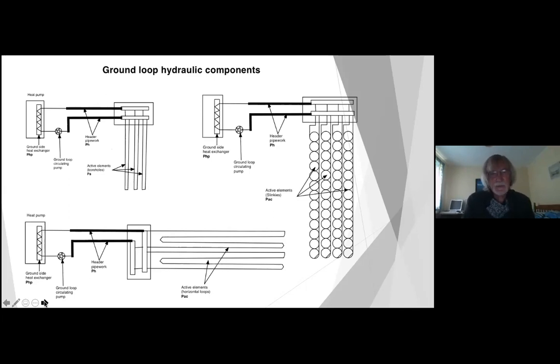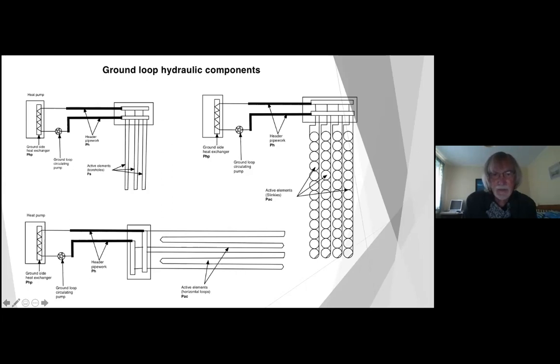This illustrates the notion of the active components. So in the simplest one, on a borehole system, those borehole U-tubes are the active elements. In a slinky arrangement, those slinkies are the active elements. And in a standard serpentine trench system, the loops in the ground are the active elements.